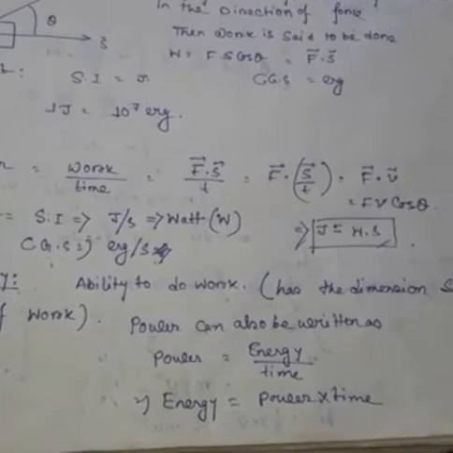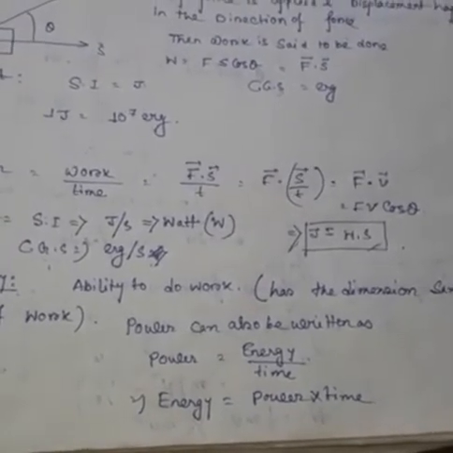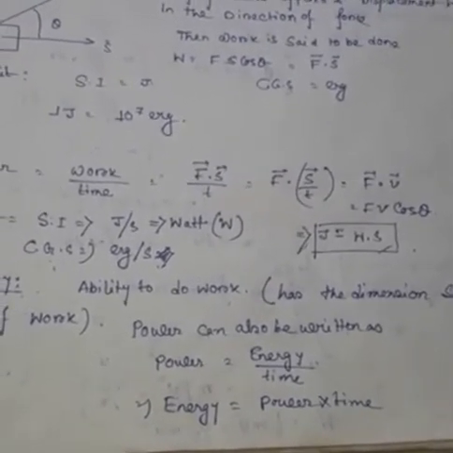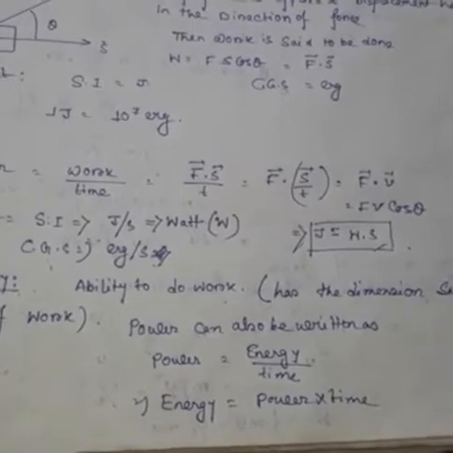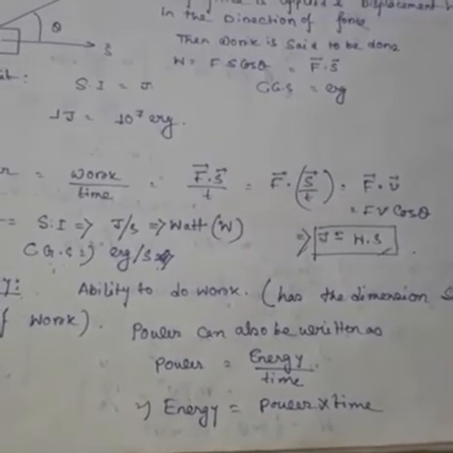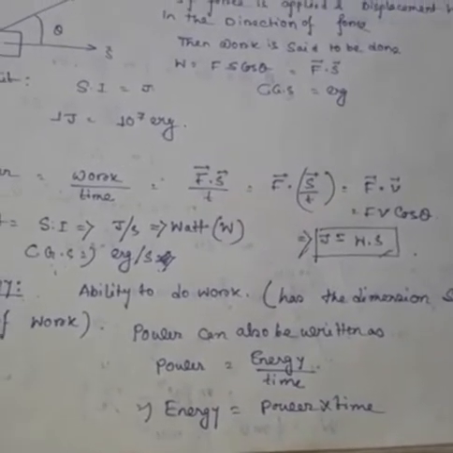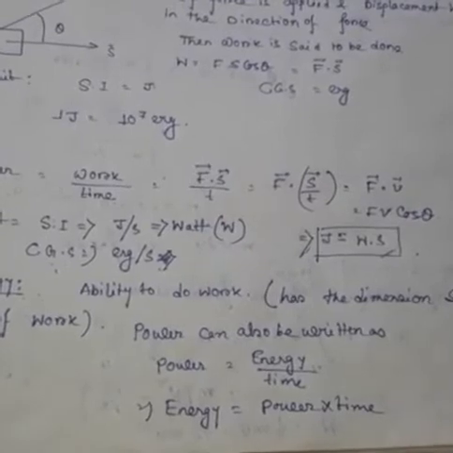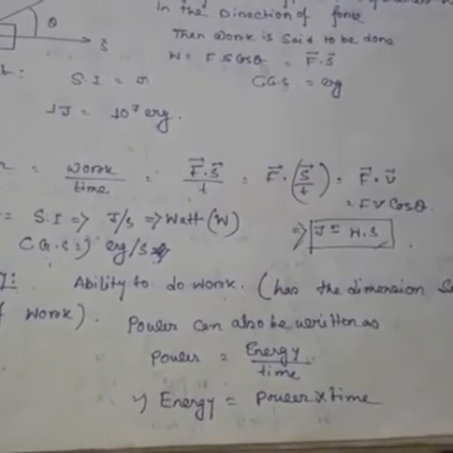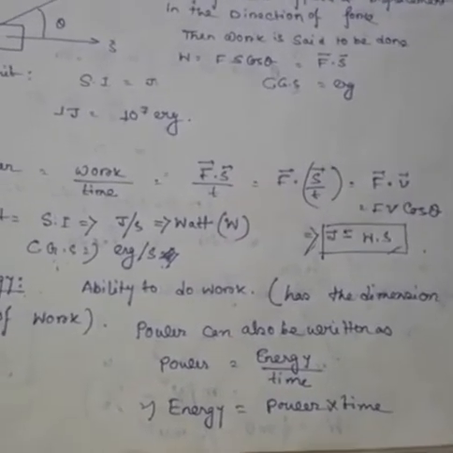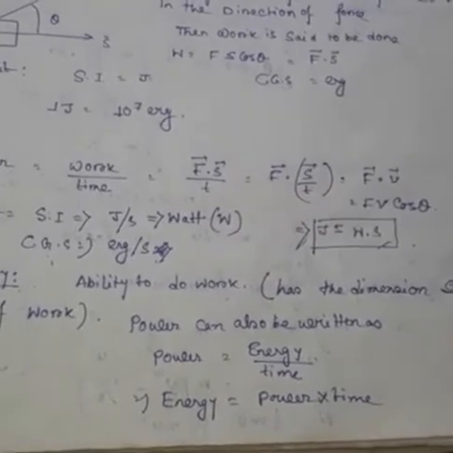For heat we use calorie instead of joule. So energy can have different units depending upon the functionality, or the characteristics of the energy, or where it is being applied.